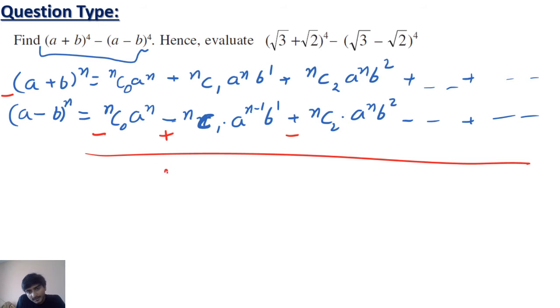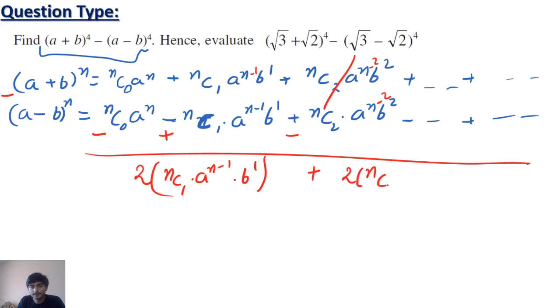So what we get is 2 into nC1 a to the power n-1 into b to the power 1. So it is twice, right? Then this term will cancel out, and then plus 2 into nC3 term will come, a to the power n-3, and then b to the power 3.